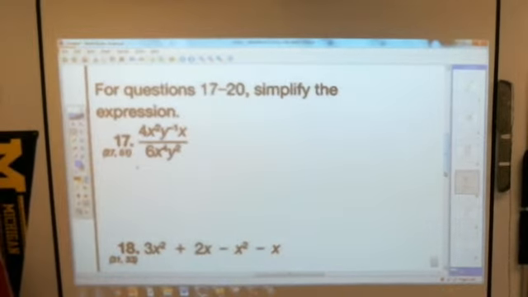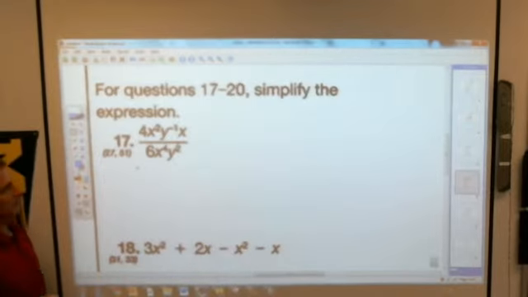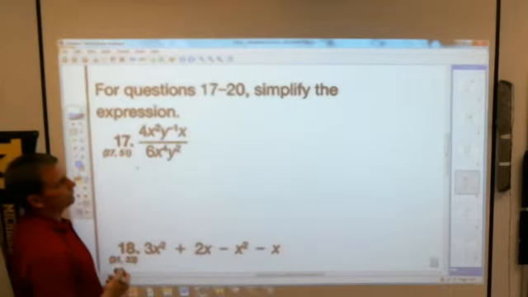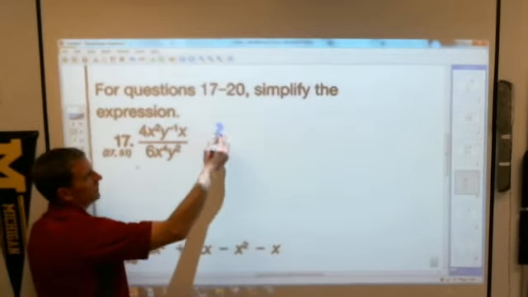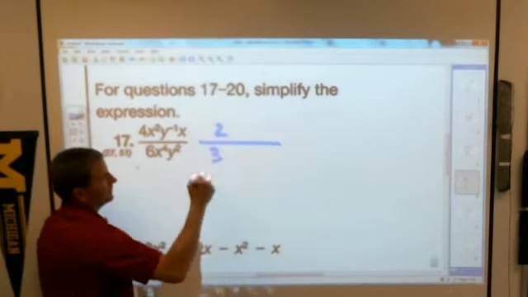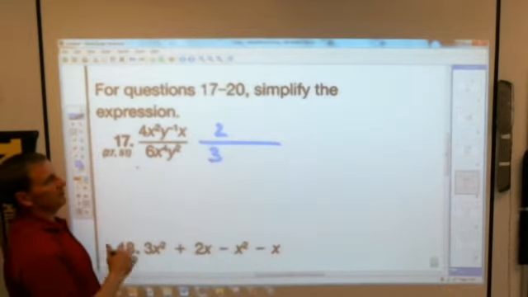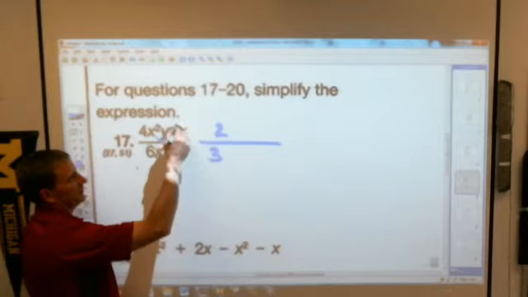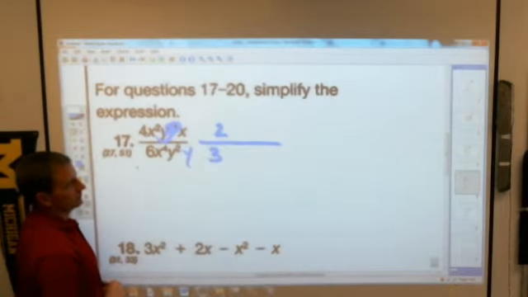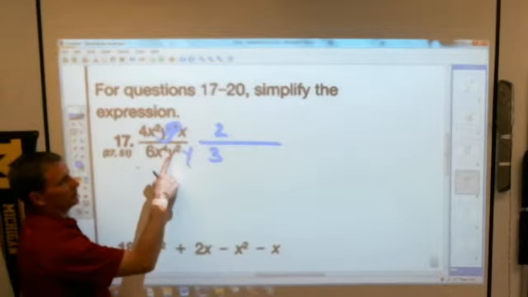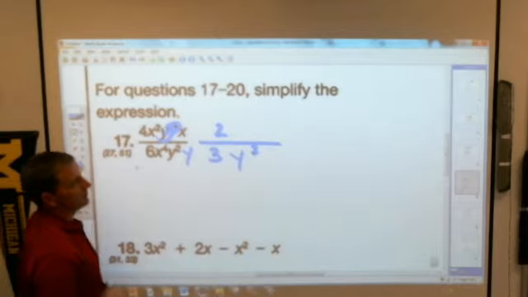Number 17. There's so many different ways to go about 17. First thing I'd probably do is do the numbers. 4/6 reduces to a 2 on top and a 3 on bottom. Then the next thing I'd probably do is change my negative exponent to positive by moving this y to the bottom. A y and a y squared gives you y to the third, y cubed.